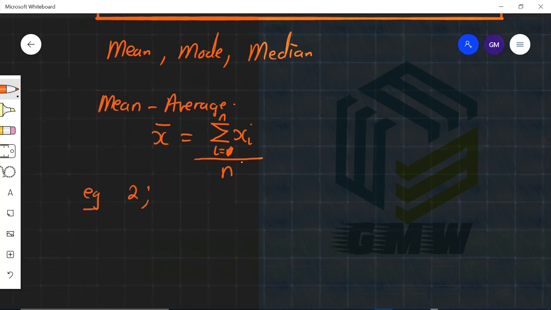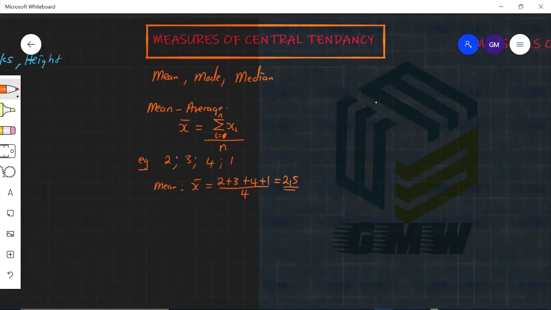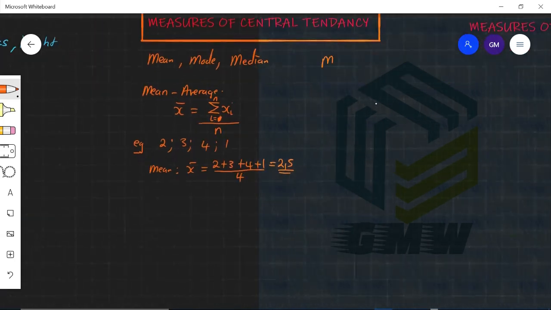If you have points 2, 3, 4, and 1, and I ask you for the mean, it means you add 2 plus 3 plus 4 plus 1 and divide by 4, because we have 4 data points. 2 plus 3 is 5, so the total is 10, and 10 over 4 gives 2.5. That's the average. Are we good?